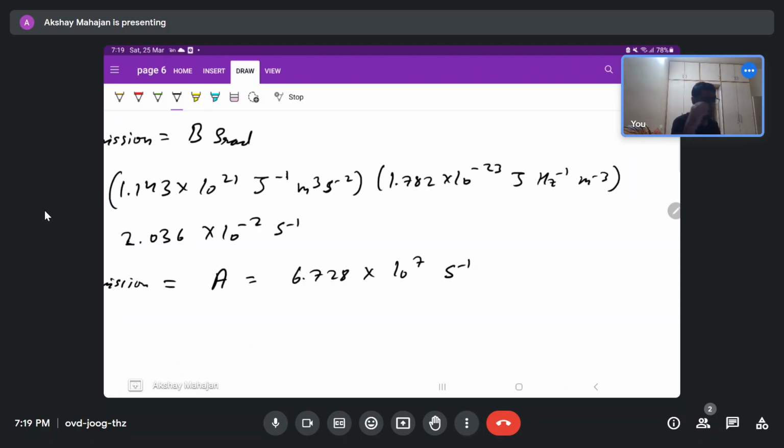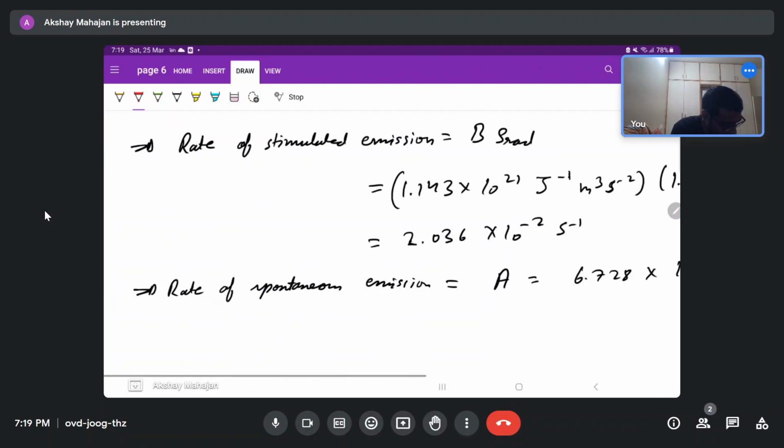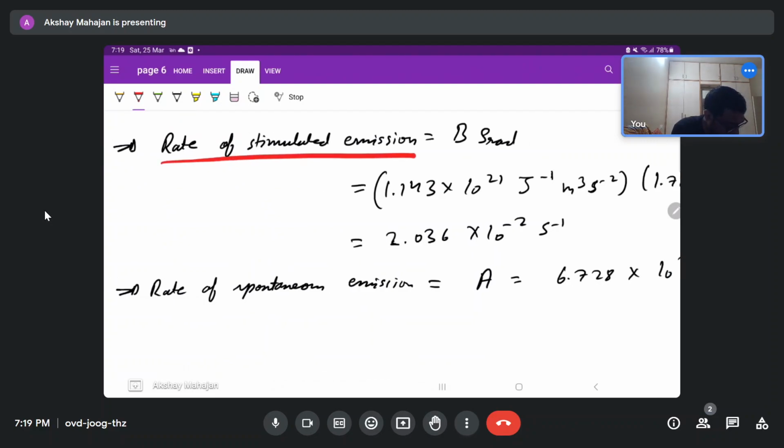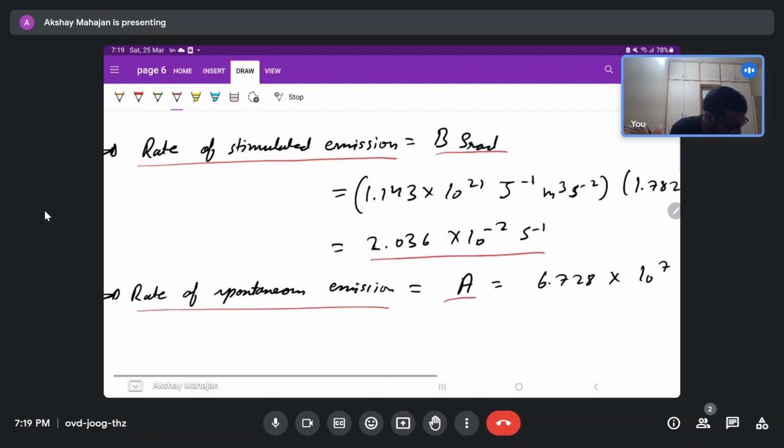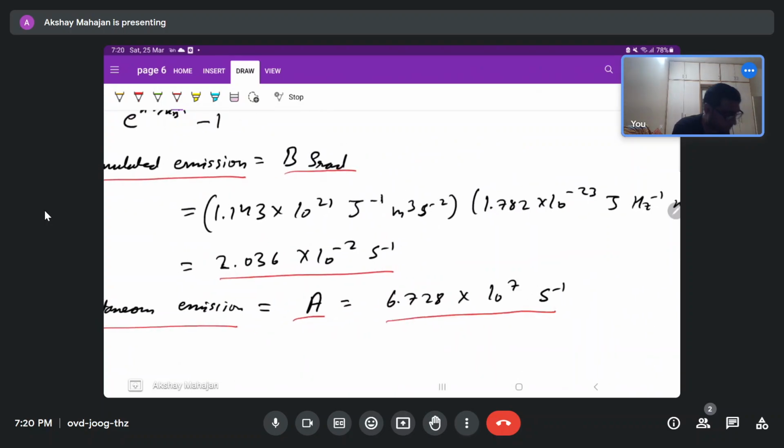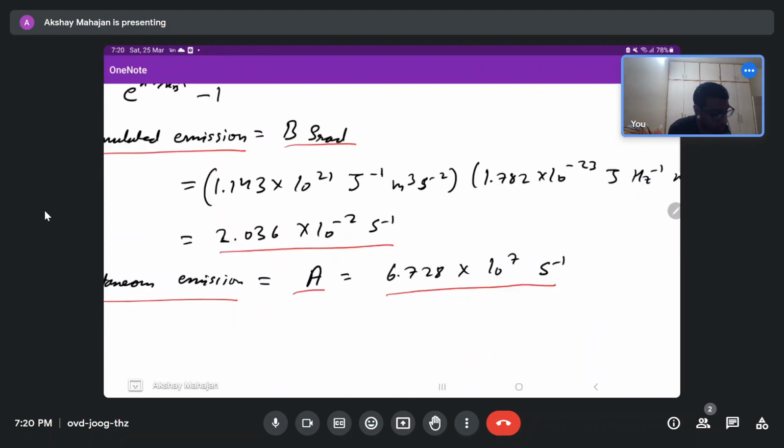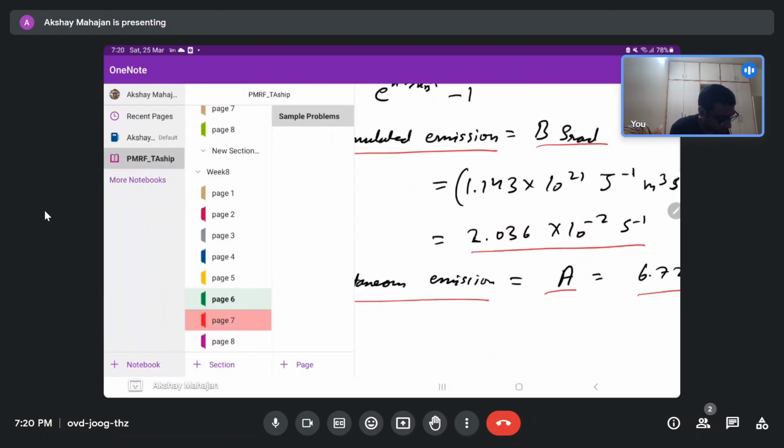Alright, so these are our answers. Rate of stimulated emission is given by this, and rate of spontaneous emission is given by this. Alright, let's go to our next problem.